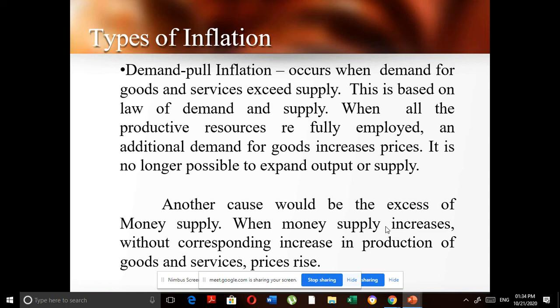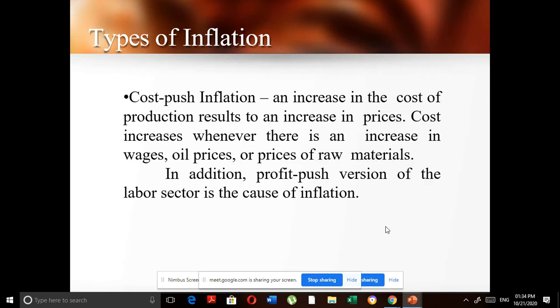Economists, macroeconomists, they say like this: demand pull inflation and supply side inflation, or cost push inflation. Cost push inflation: increase in the cost of production results in increase in prices.